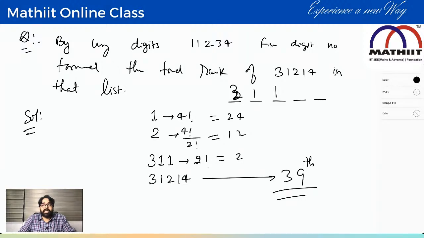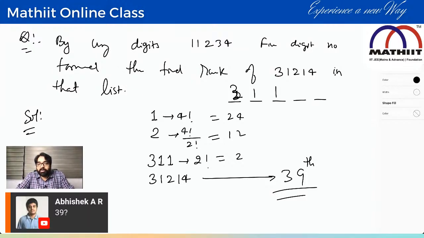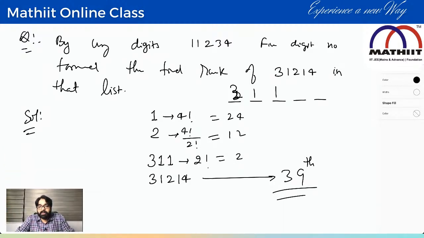Do you understand what actually we are doing? Those who did not give the 39 answer: only one student gave the answer, not immediately, it took time. One more corrected. Rest, nobody gave it. Please give me confirmation.